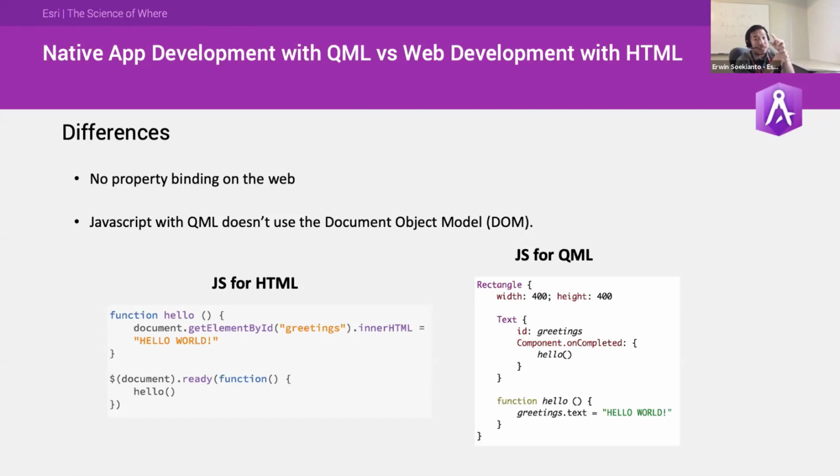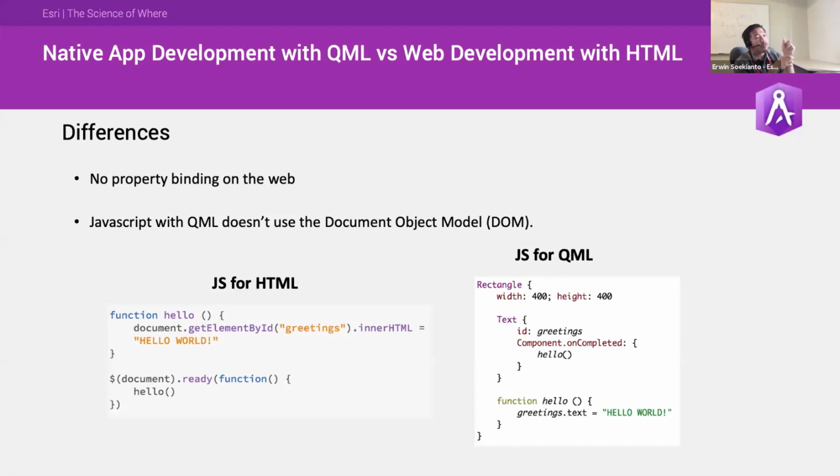You have a text object with an ID greetings, and then you create an event listener saying that when this component is completed, when it's loaded, call the JavaScript function hello.